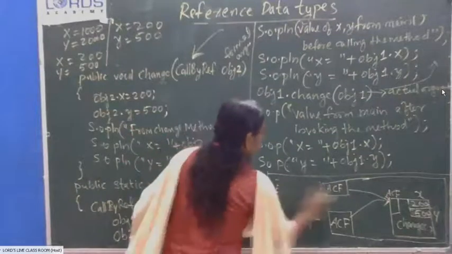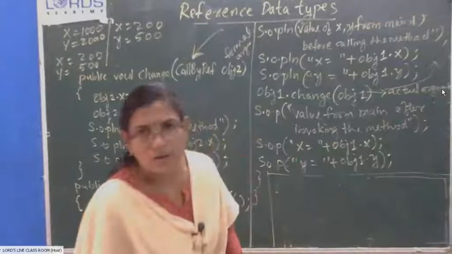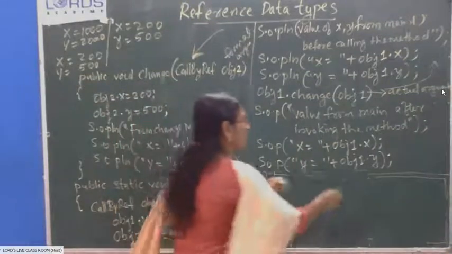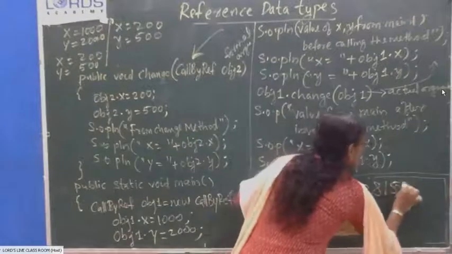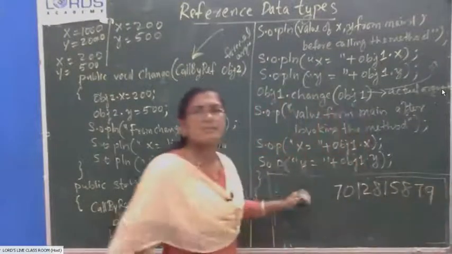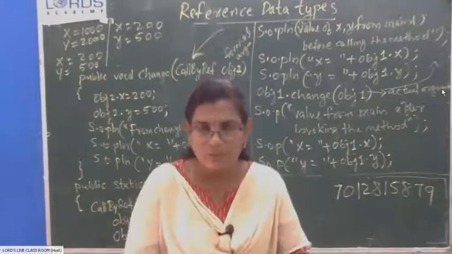You can call me on this number at any time. Even at 12 o'clock midnight, if you call, I will attend the call. 7012815879. This is my number. Call me on this number if you have any doubt.